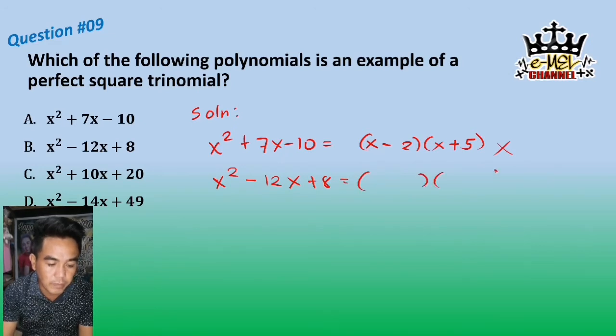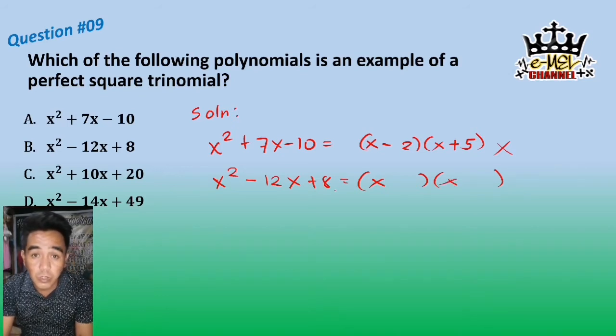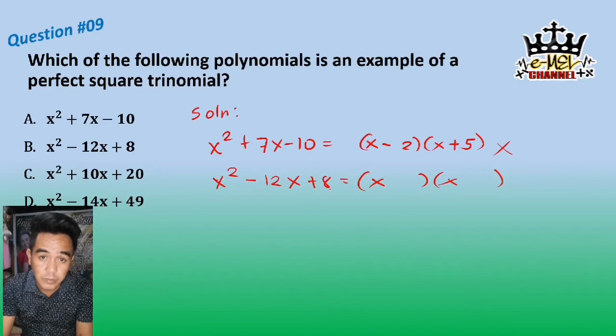Express in this way. Now, this is x times x, that becomes x squared. Now, what is the number that you're going to multiply to make it 8? So we have 4 times 2 and 8 times 1. So let us use the 8. So 8 times 1. We know that if we multiply positive by positive, it becomes positive 8.